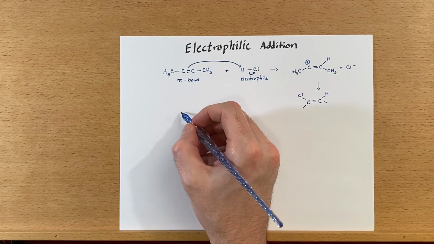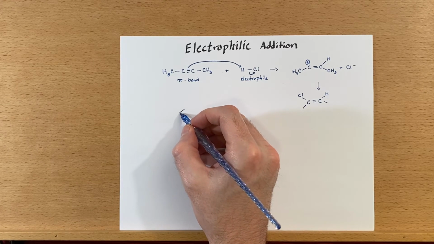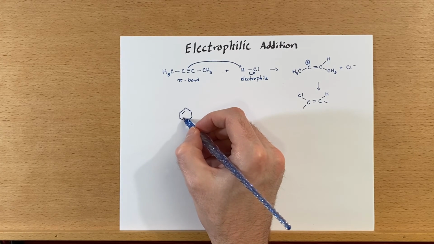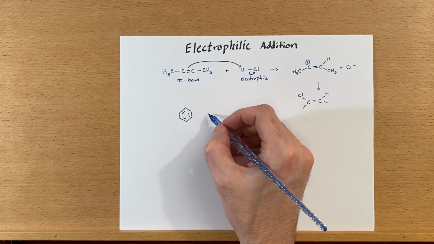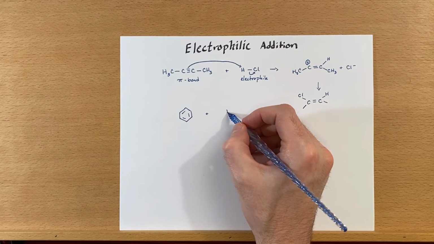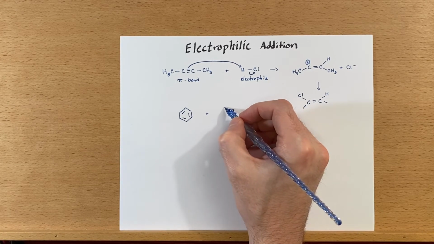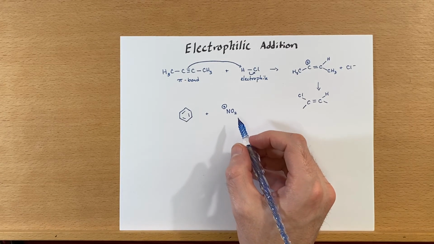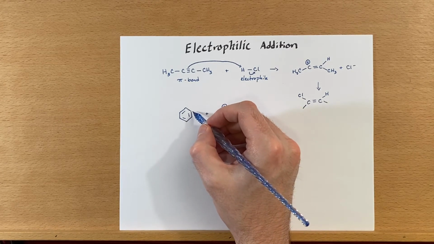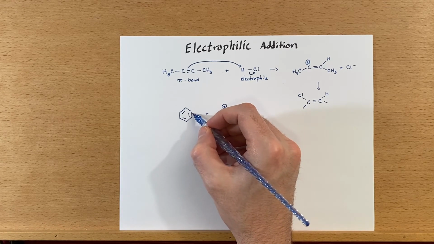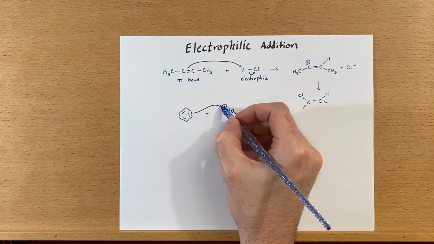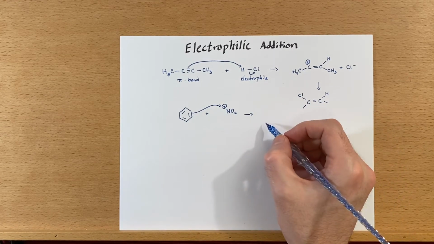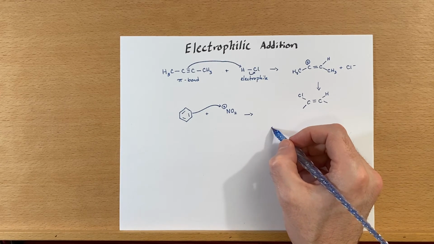Let's also look at cyclic or a benzene ring aromatic structure. We have a positive charge on this NO2. Now again, we'll have our double bond attacking the positive charge, and kind of used up my space, so I'll just draw it down here.